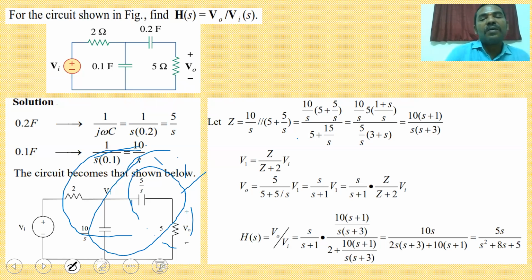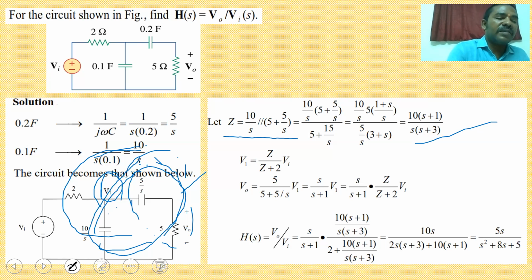So Z is equal to 10 by s in parallel with (5 plus 5 by s). Finally we are getting 10(s plus 1) divided by s(s plus 3). Once you have calculated this total impedance, V1 is the node voltage.